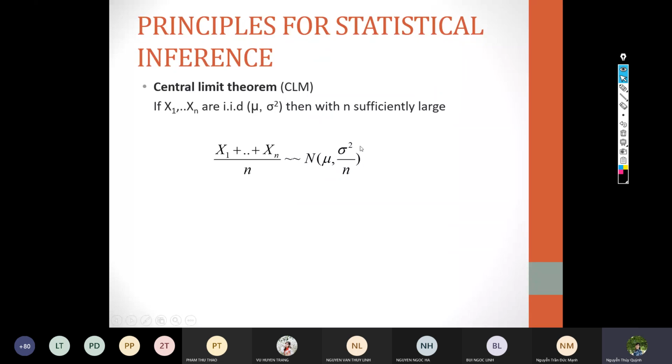This is the central limit theorem. When n is sufficiently large, we do not care about the underlying distribution of x. Regardless of the underlying distribution of x, the sample mean will always follow a normal distribution.